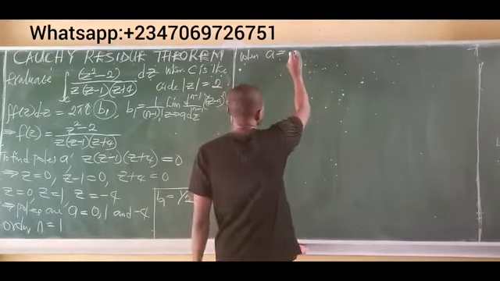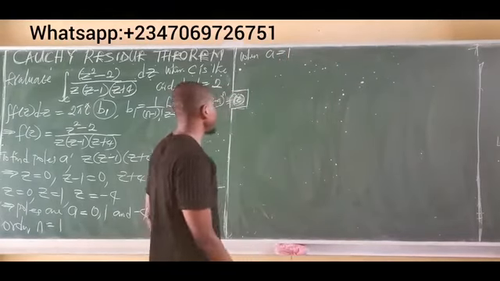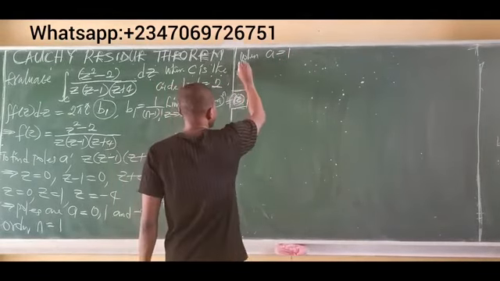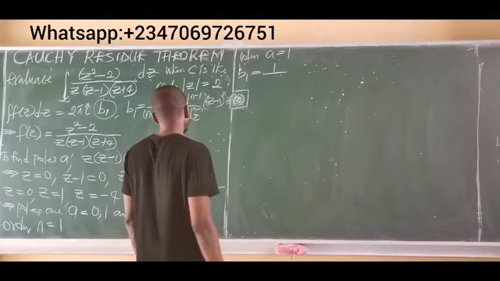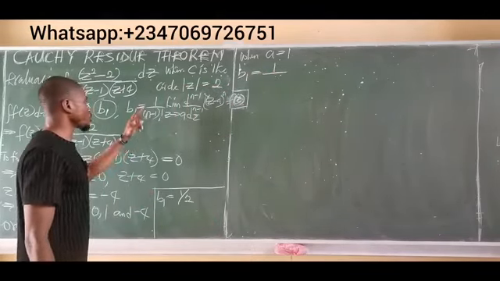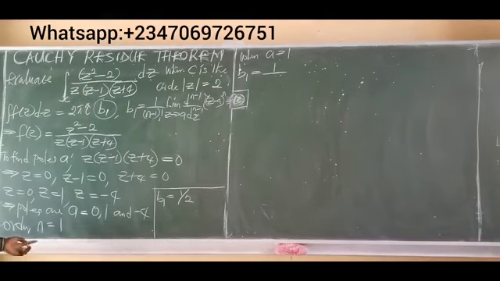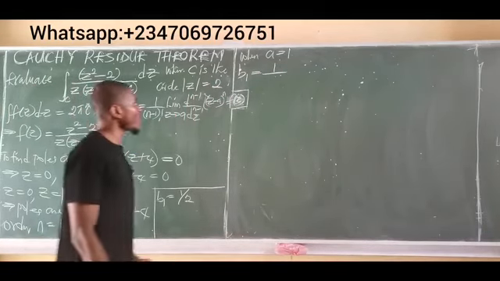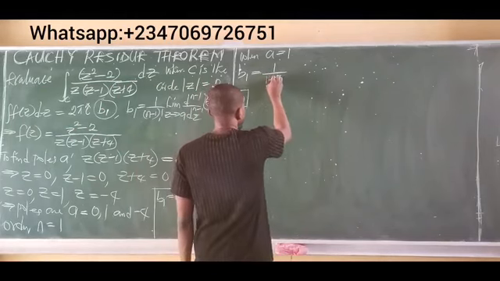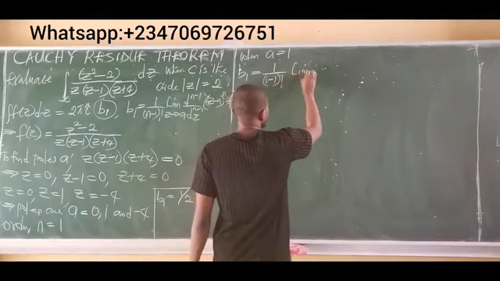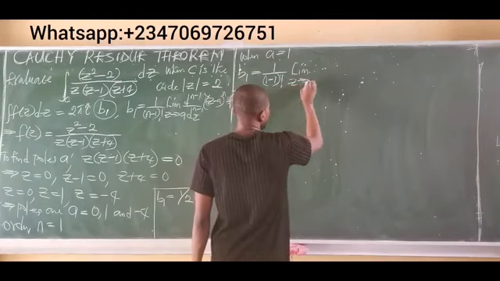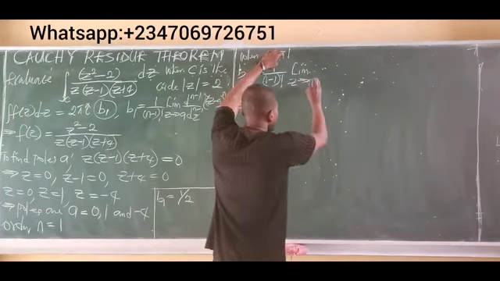So when A is equal to 1, which is now the second pole, then residue B1 is equal to 1 all over, remember, n minus 1 factorial, where n once more remains 1. So you have 1 over 1 minus 1 factorial, limit as z tends to A, which is now 1.